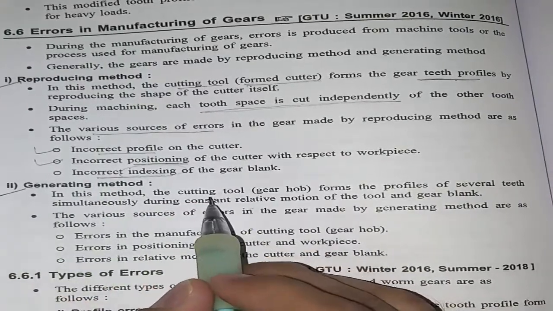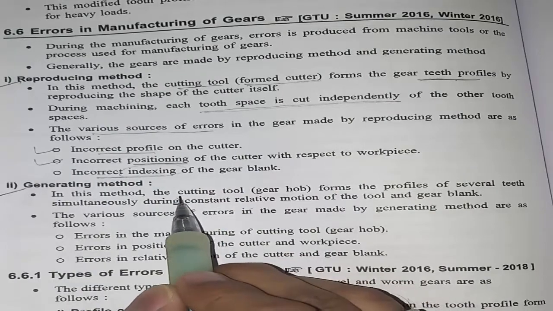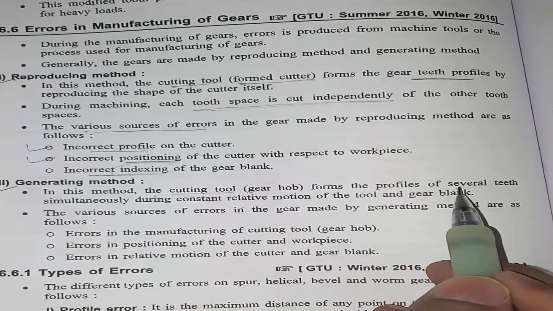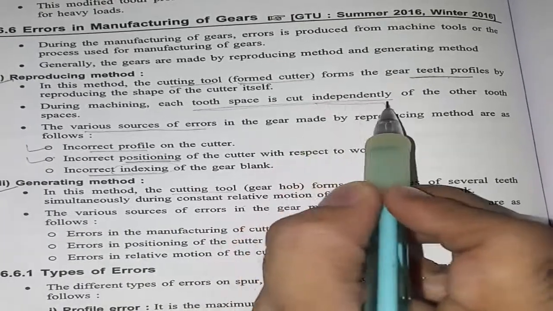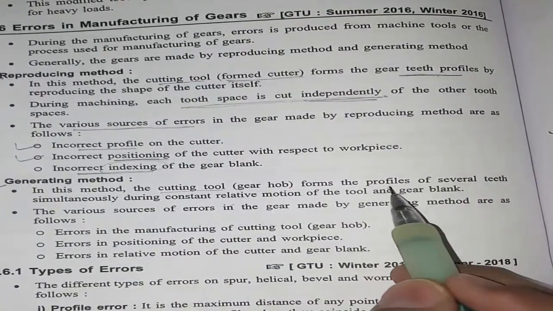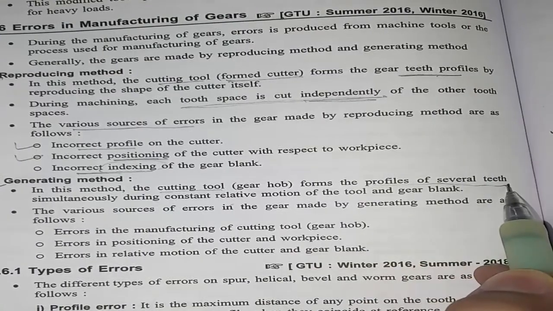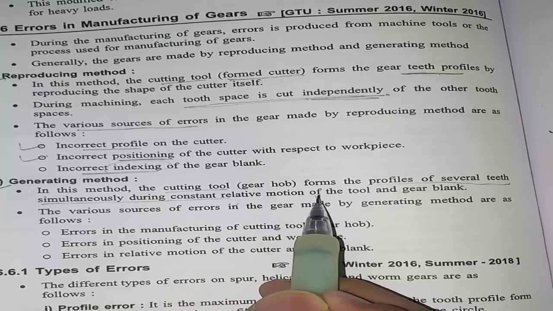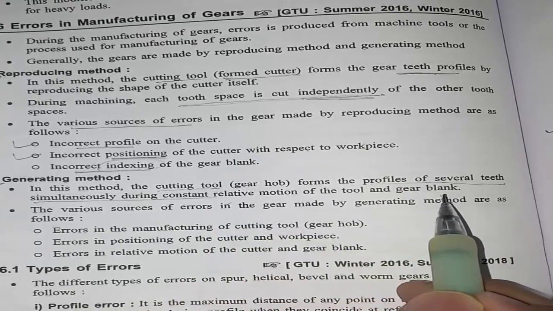In the generating method, there is a gear hob, or cutting tool, which forms the profile of several teeth simultaneously during the constant relative motion of the tool and gear blank, whereas in the reproducing method each tooth is cut independently.